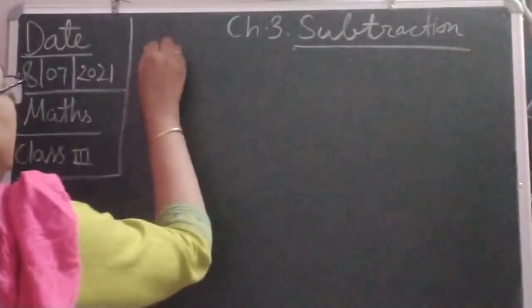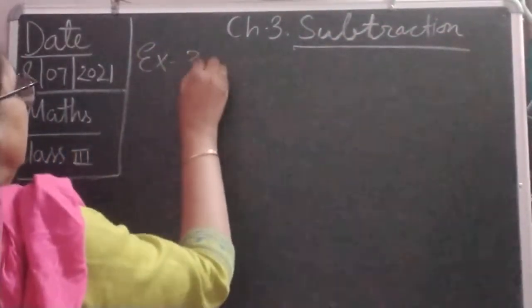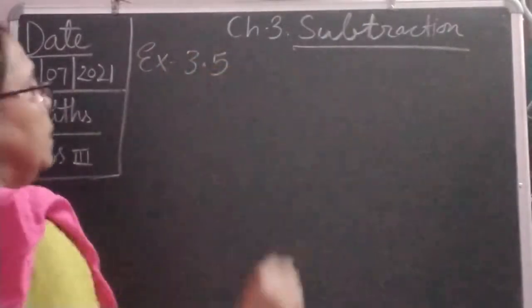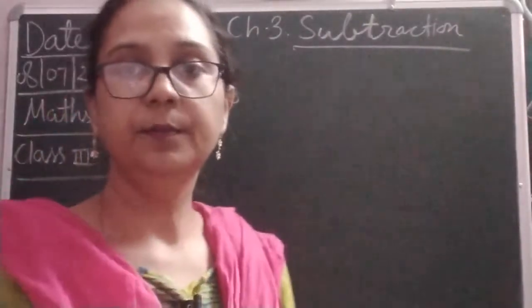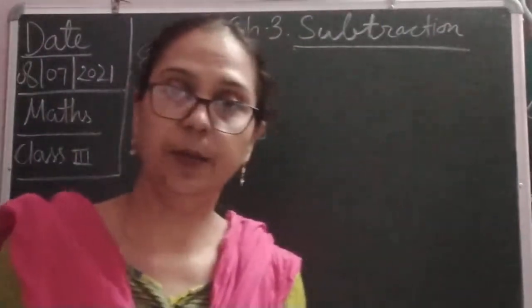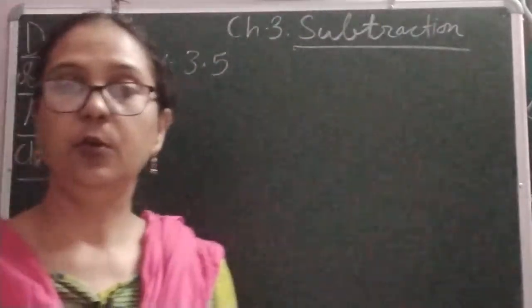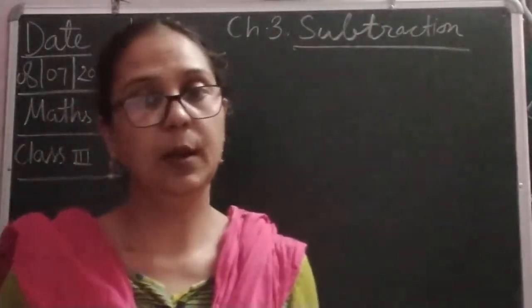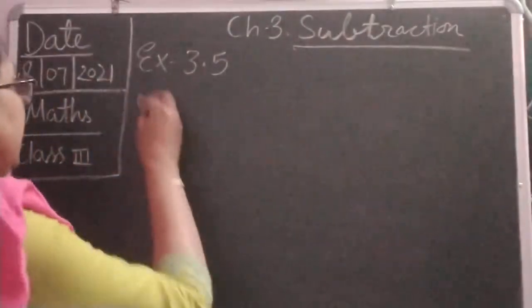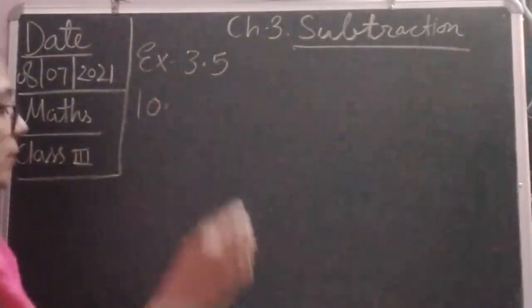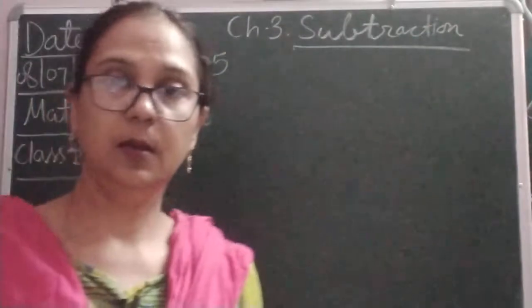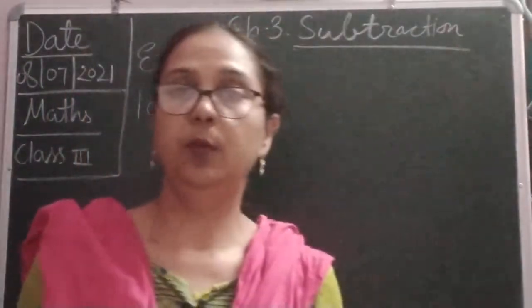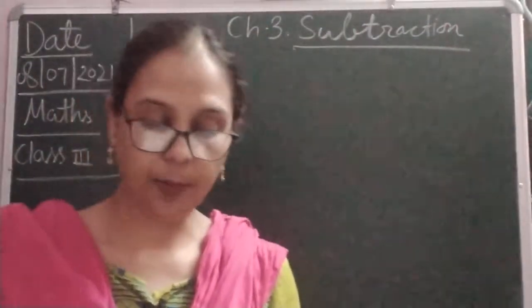And we are doing exercise number 3.5, and we have completed question number 9 yesterday. Today we are going to start from number 10. So number 10 is, first I will read, then we will start writing in our copy.